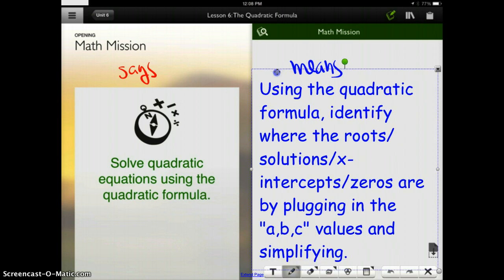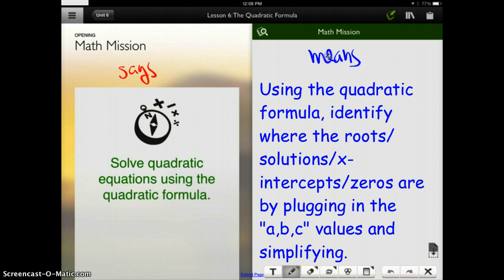Ta-da! Okay, so use the quadratic formula, but that's kind of like a general statement. What we're actually doing is all of these things. So two things you should be writing down.